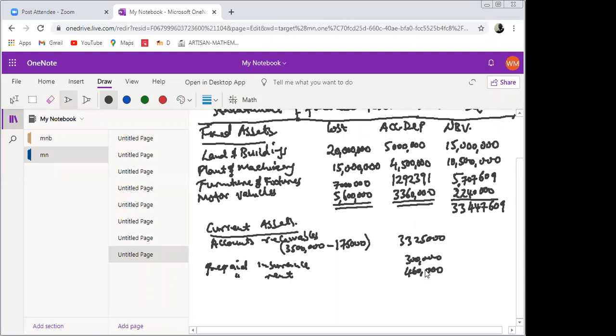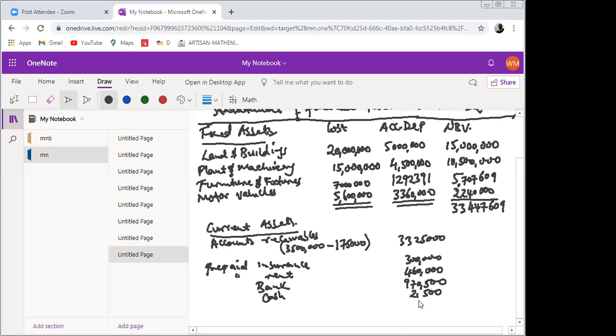What else are we given? We have the bank balance, which is 970,500. Then we have the cash box balance, cash in hand, 21,500. I think we are done.